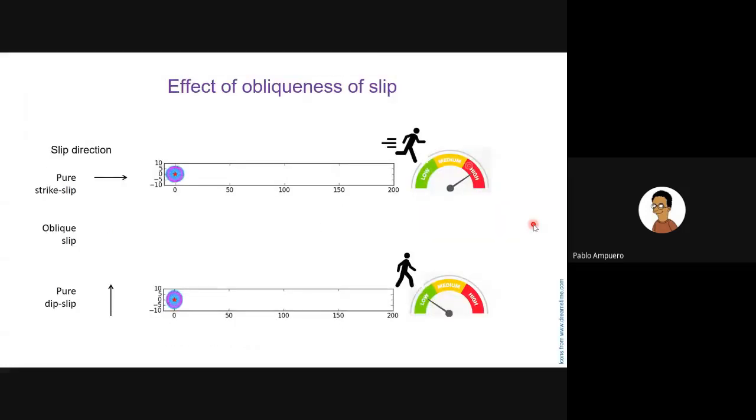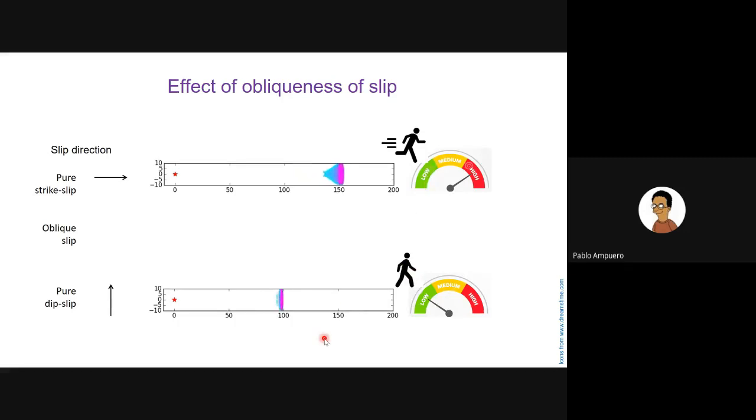Intuitively, what is the idea here? Rephrase it in different terms, right? For a pure strike slip, we have the possibility of very fast ruptures, the supershear ruptures. For pure dip slip, we don't. Ruptures can only be sub-shear, so relatively slow. So we have the fast runner and the slow runner.